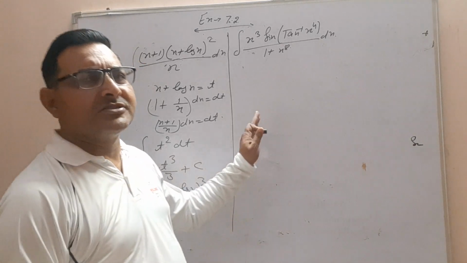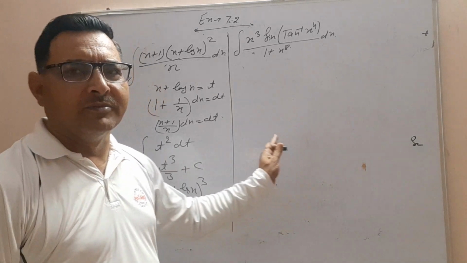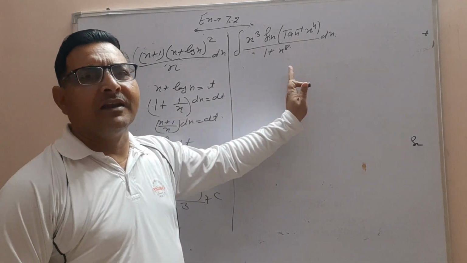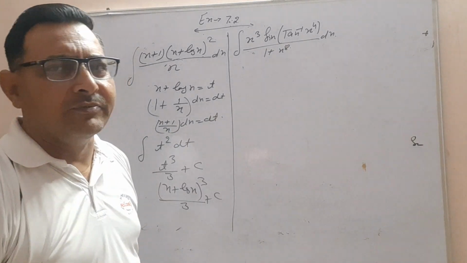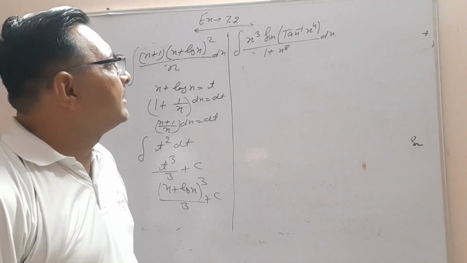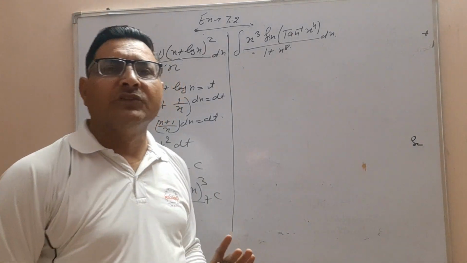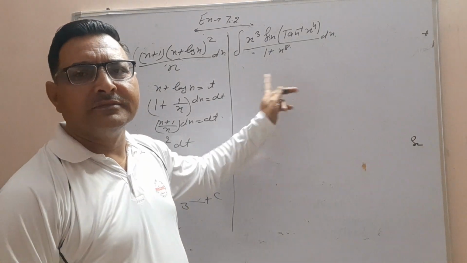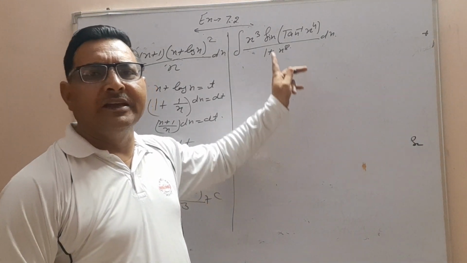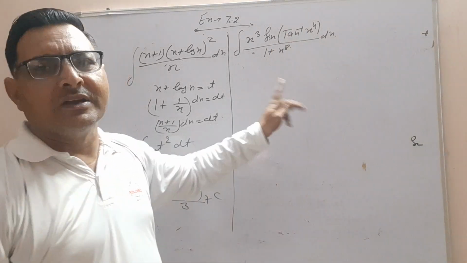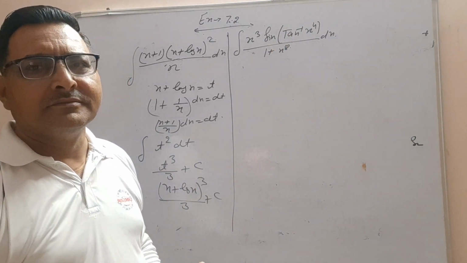But in this question we are not using the product formula, because there is a 1 term that also lies in the denominator, and in the numerator there is only a single term, so we can't separate these terms. If there are two or more terms in the numerator, then you can separate them, but here we can't.